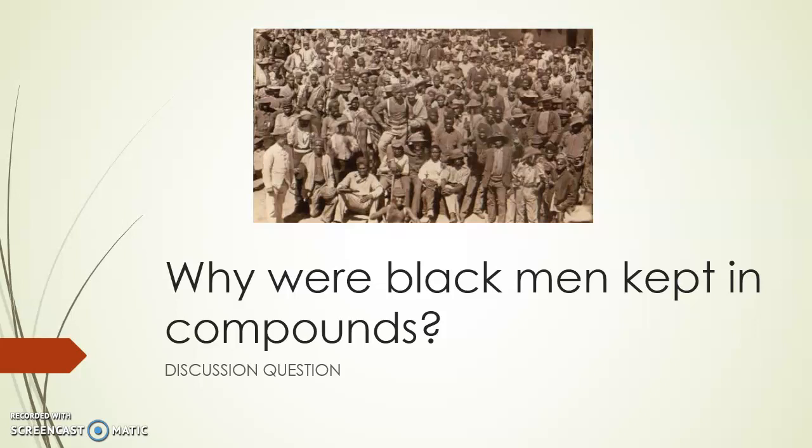Why do you think, instead of them traveling from where they came from, the mine owners decided to build these massive buildings with the wire fences to keep the black men in these compounds? Just think of maybe 1 or 2 reasons why they would do this instead of letting people travel from one place to another.